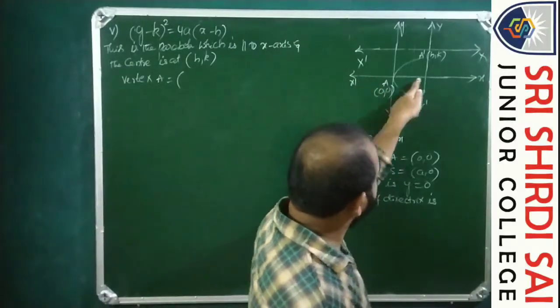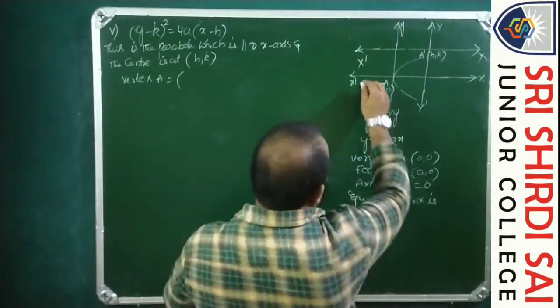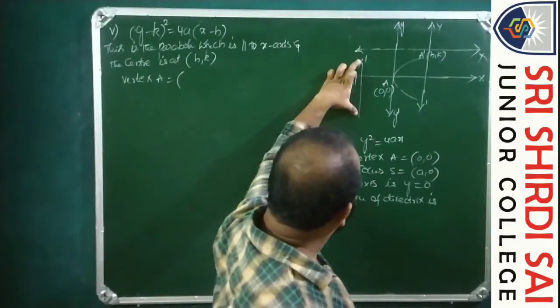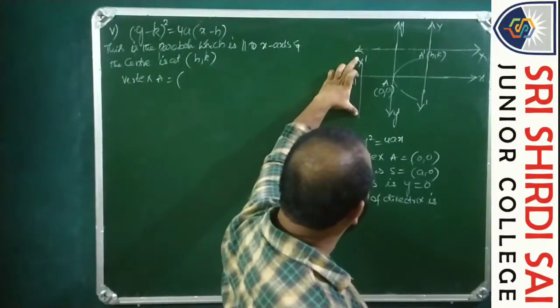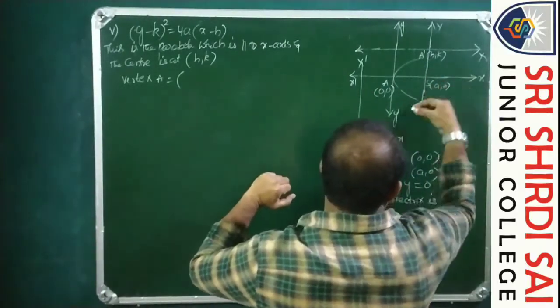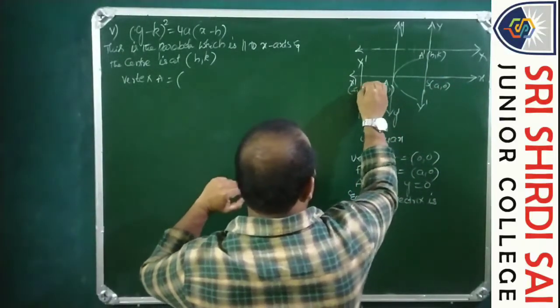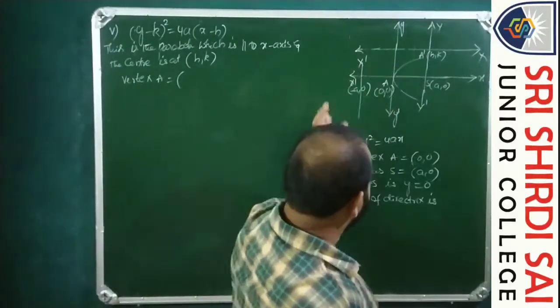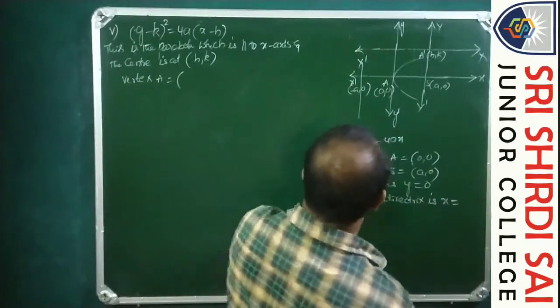This line is parallel to the y-axis, x equals to something. If focus is a comma 0, this is minus a comma 0. So x is equal to minus a.